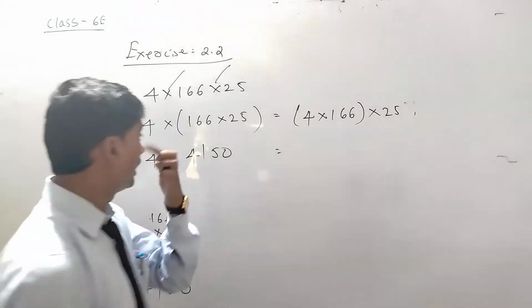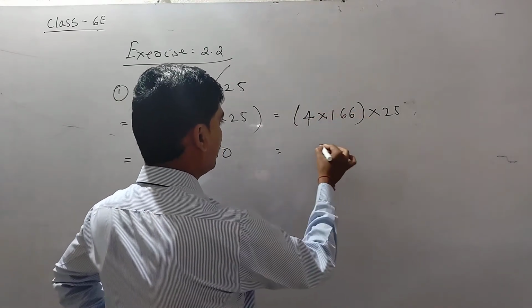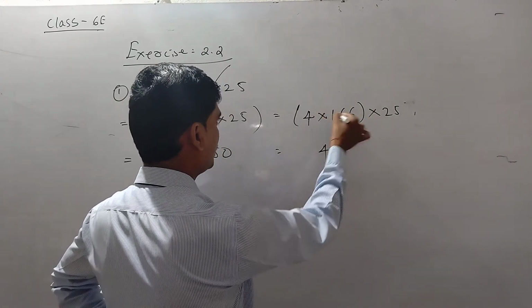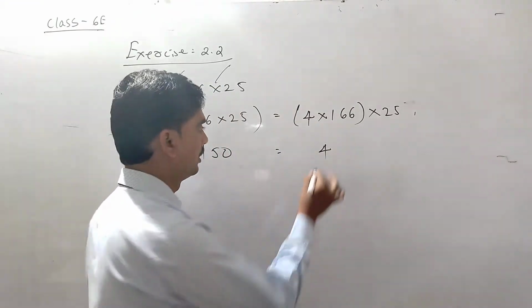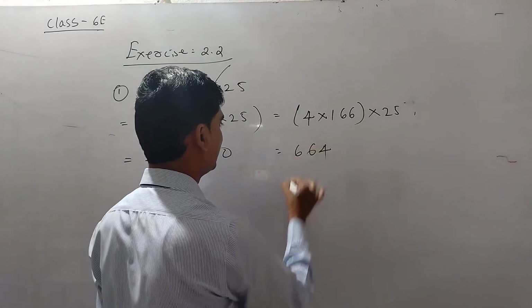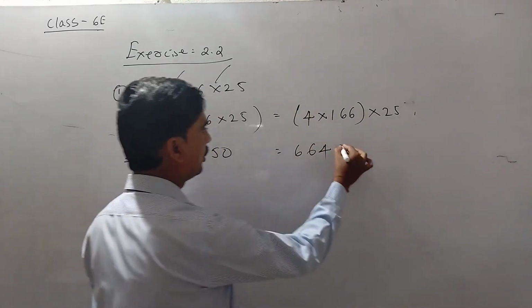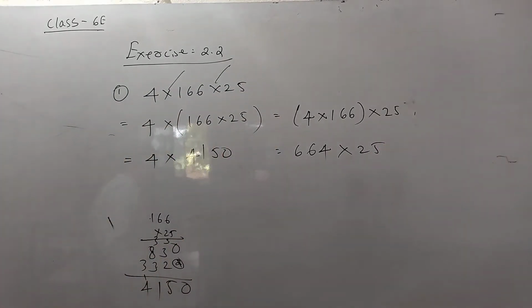Equal to 4150. Here also you should do it. 6, 4 sixes are 24, 2 carry, 4 ones are 4 plus 2, 6. 664 into 25. Okay, let's do it next here.